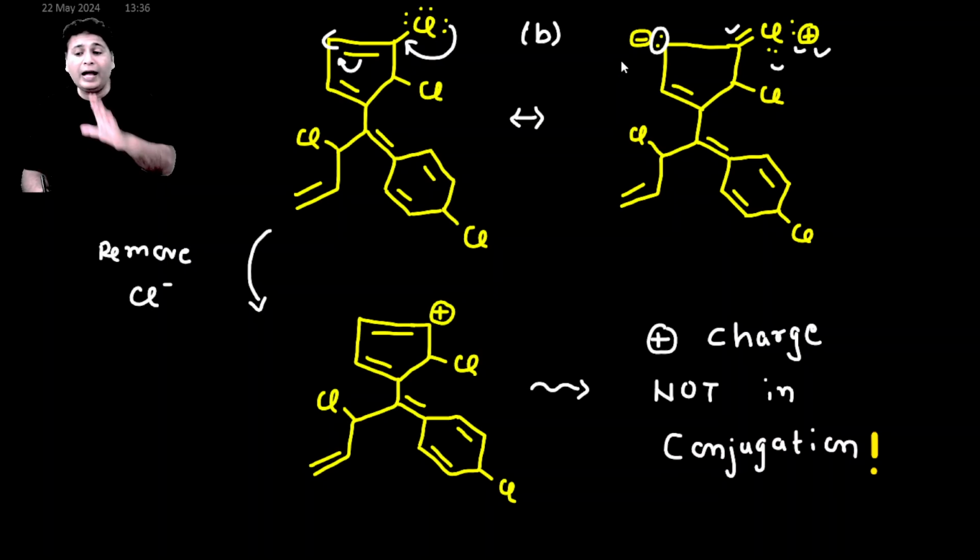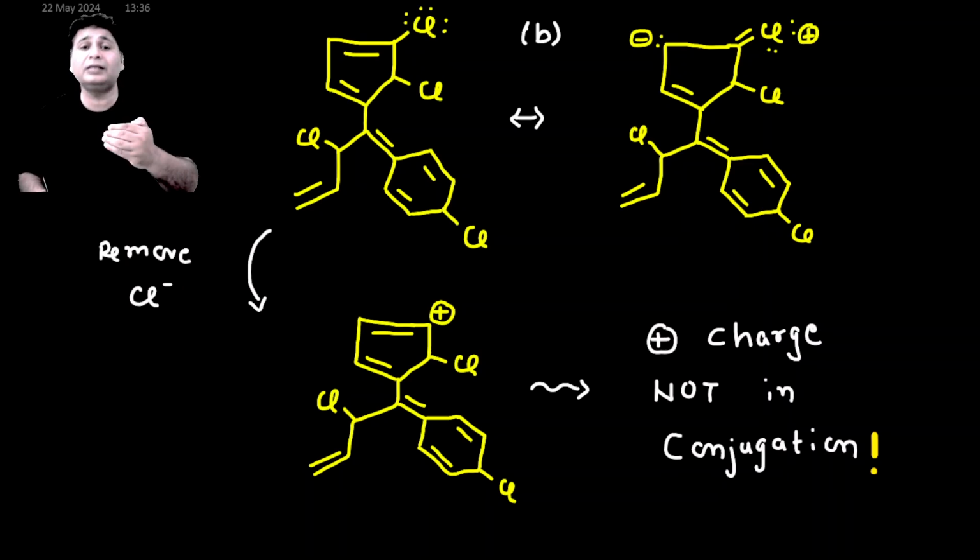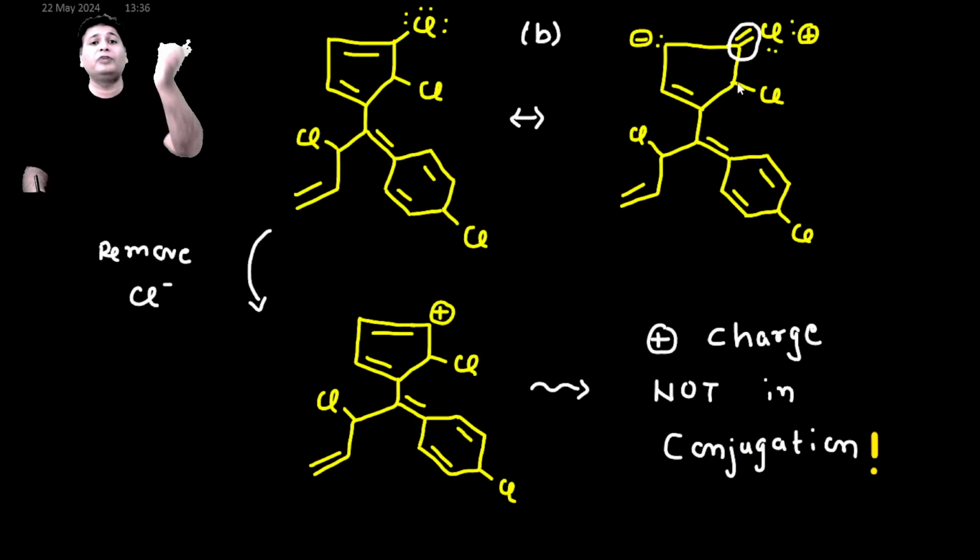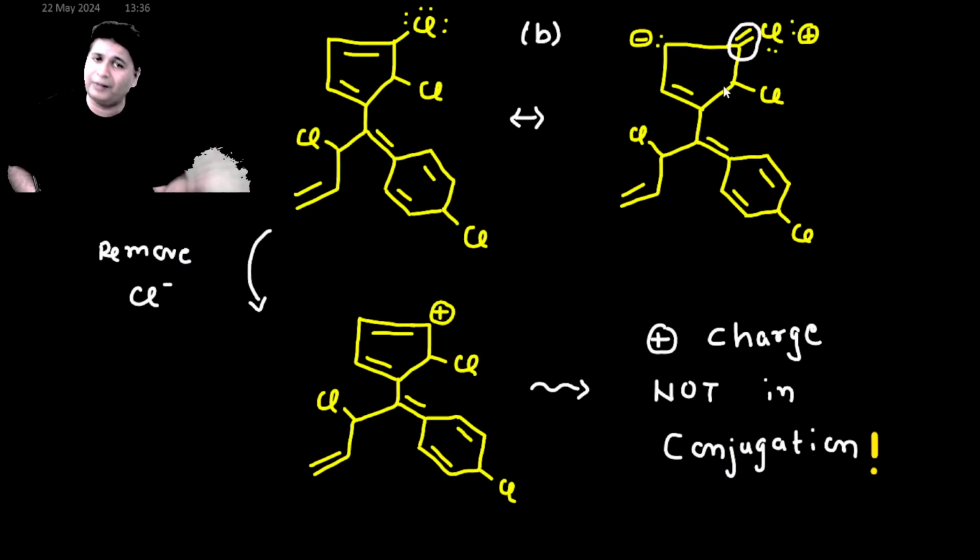So why have I drawn this structure? I have drawn this structure to make you realize an important feature. Because of this resonance, a double bond character comes. Because of this conjugation of the lone pair of Cl with the pi system, lone pair, single, double, a double bond character comes.